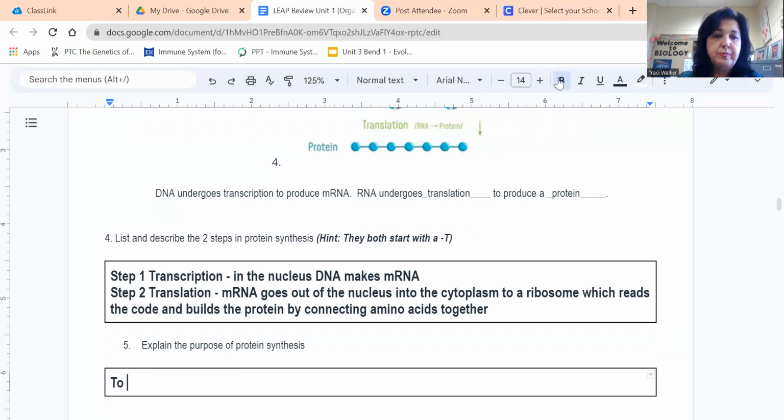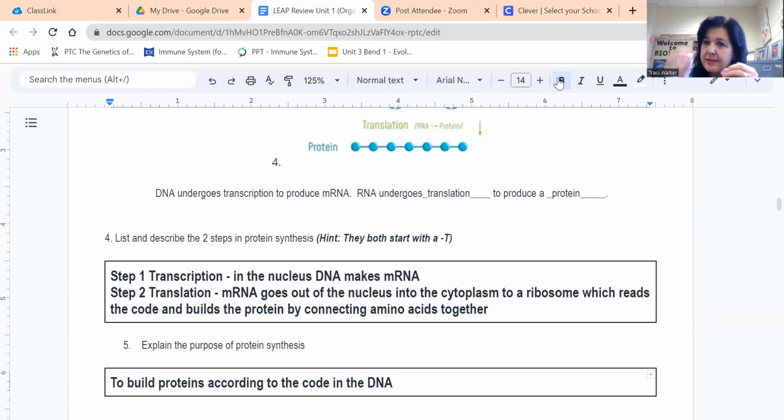So what is the purpose of protein synthesis? It is to build proteins according to the code in the DNA. Okay, so proteins have to be made in a very specific pattern.